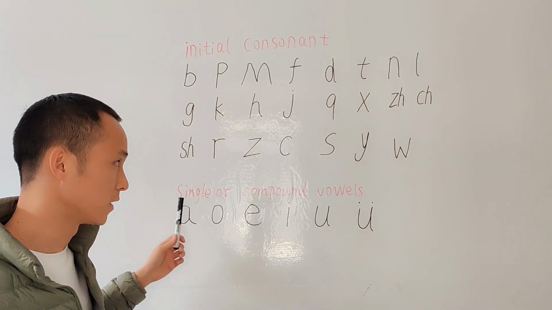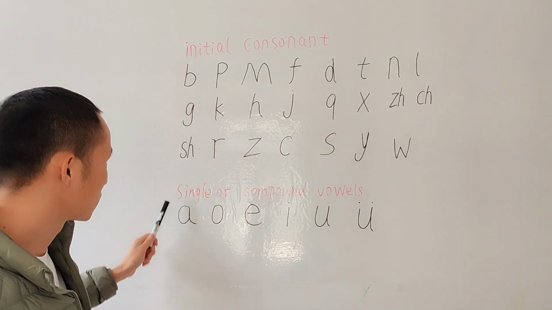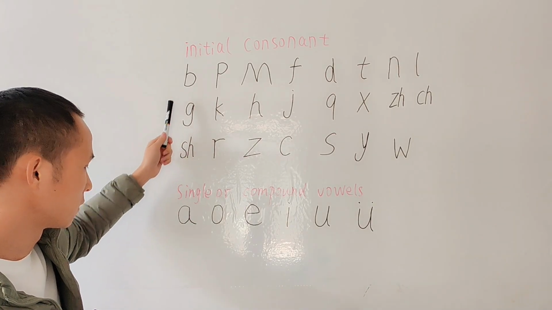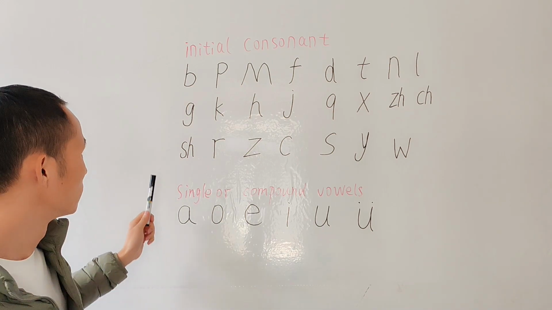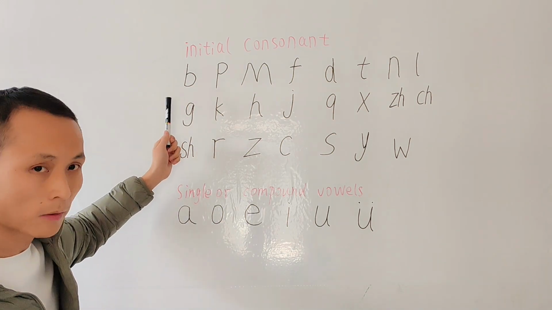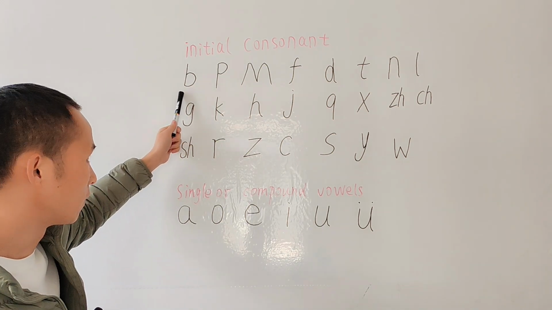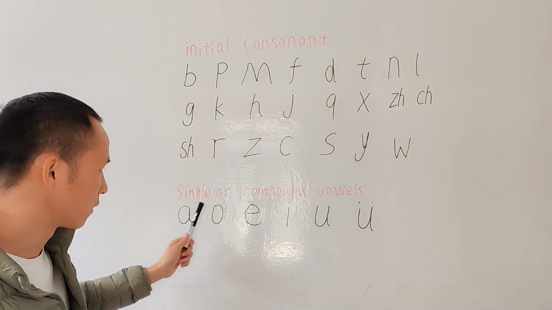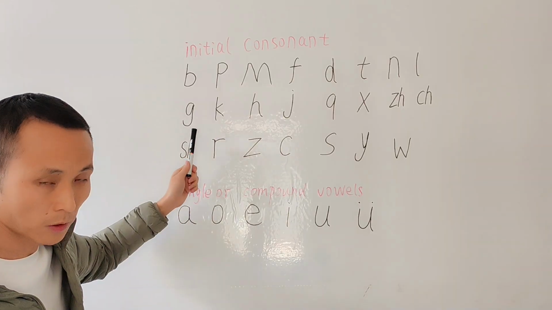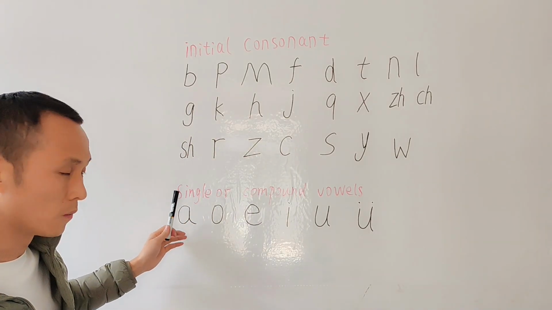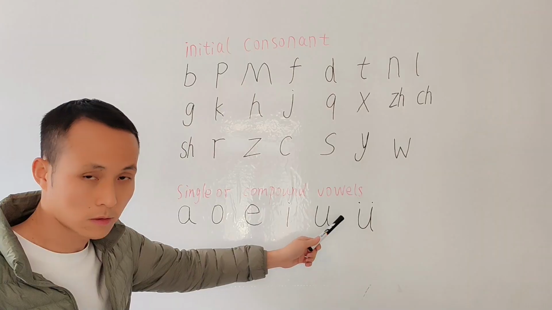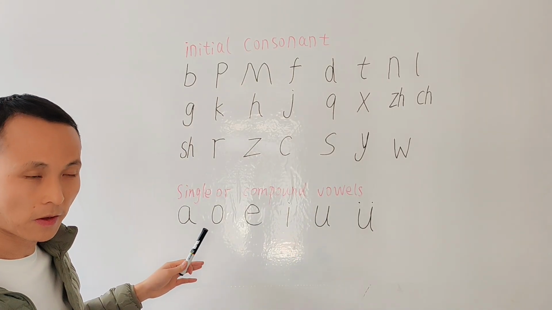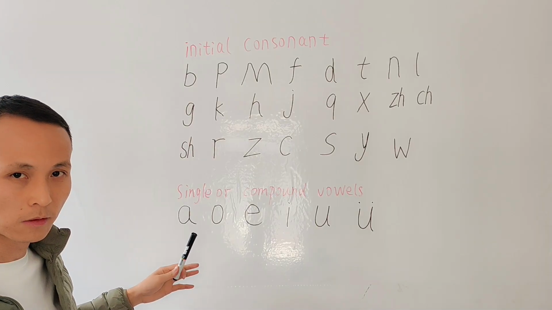So right now, let's just learn all this alphabet here. Remember, to master the pronunciation of these initials and the single vowels is very important. Likewise, when we learn the compound vowels, the most important thing is to master their pronunciations.